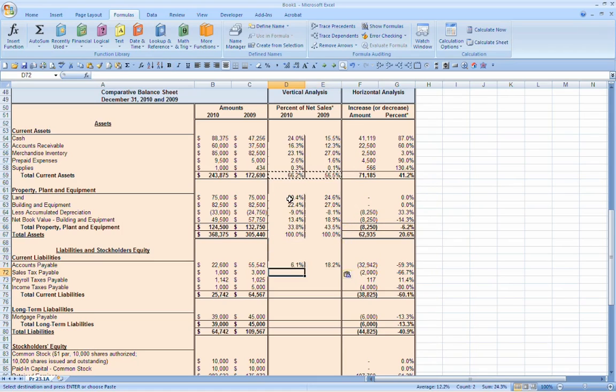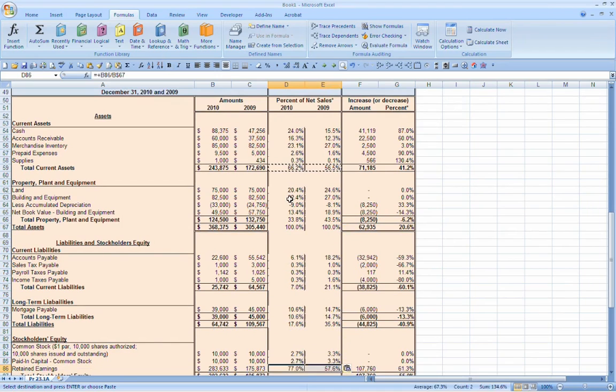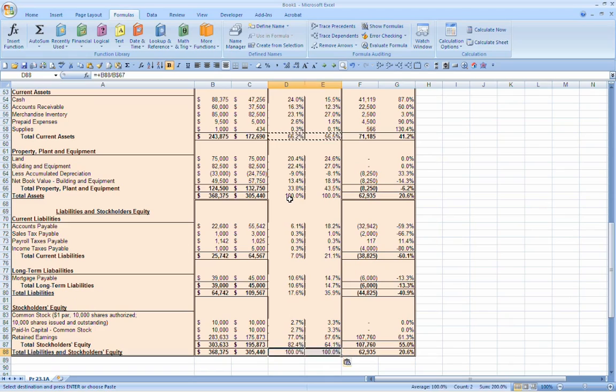I have seen it done where people take total current assets and use that as the divisor or the common factor. That could work too, as long as you're being consistent about it and you're not switching around and using one time and one another time. The whole point is you're common sizing, and you've got to be consistent to do that.